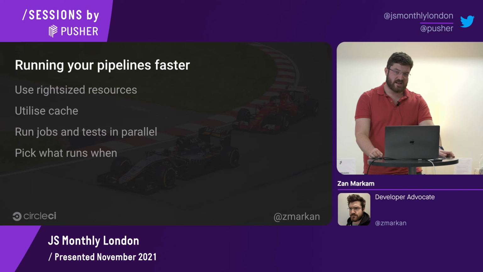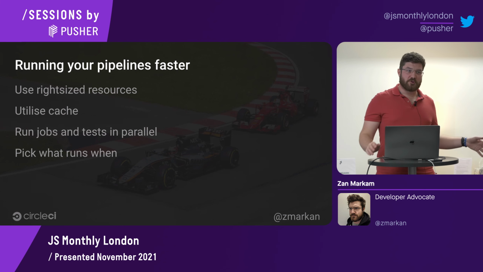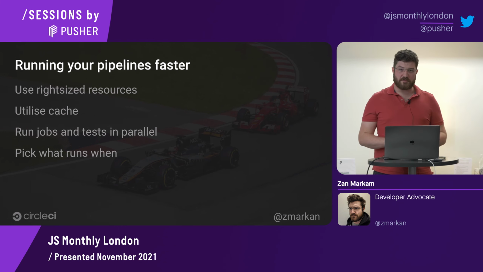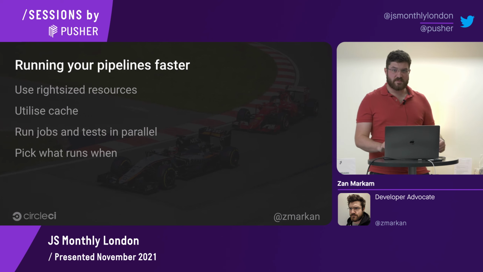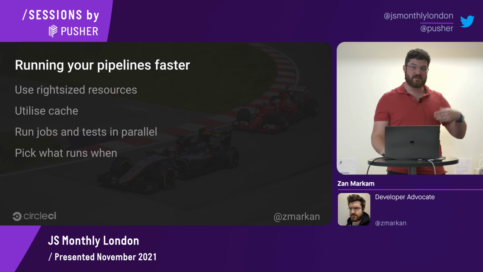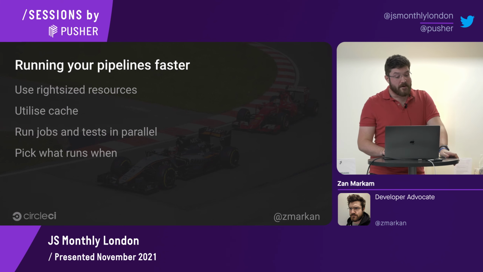Second one is utilizing something like cache. Cache is nothing but deduplicating work. So if you've installed your NPM packages once, you've downloaded them from the web, and you realize that bloody thing is 3 gigs on disk, you can probably get that saved somewhere in a cache and not download it every single time, because if your package.log doesn't change, you're good usually.